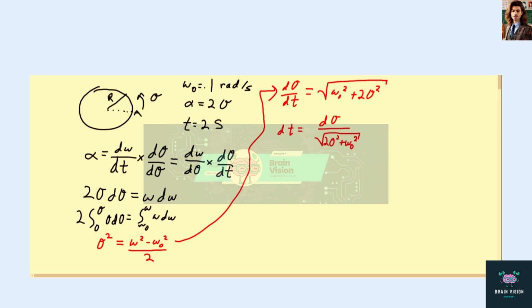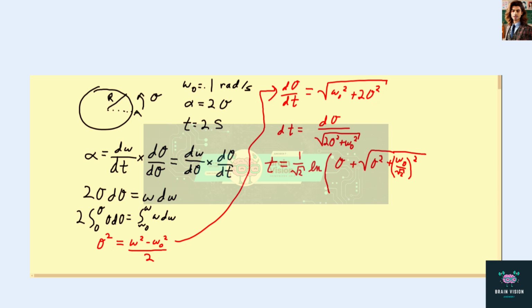We can then take the integral of both sides, and we'll have to be fairly tricky with this integral. You can either look it up or use something like Mathematica to solve it, but we end up with t equals 1 over the square root of 2 times the natural log of, let me make sure I carefully write this down here, theta plus the square root of theta squared plus omega naught over the square root of 2 quantity squared.